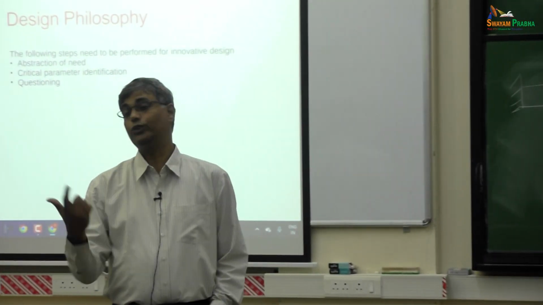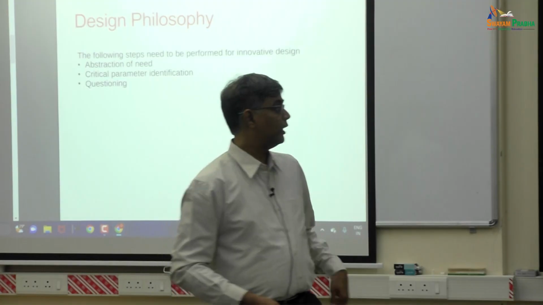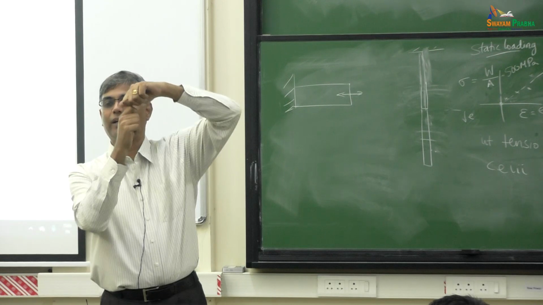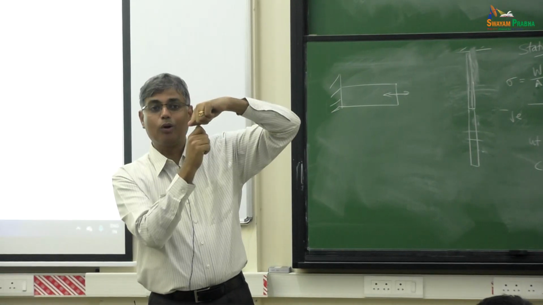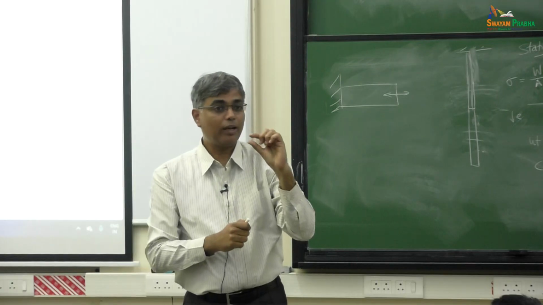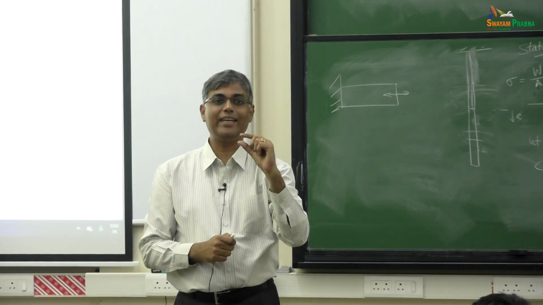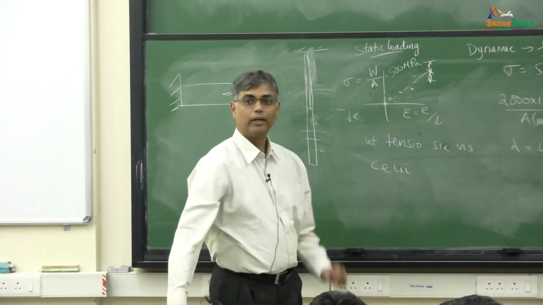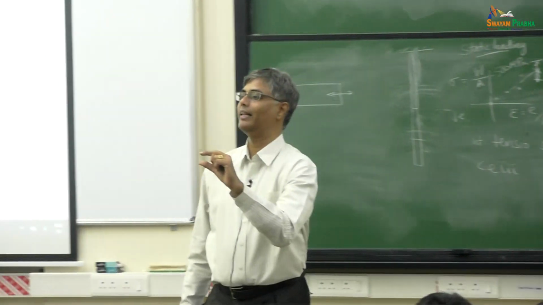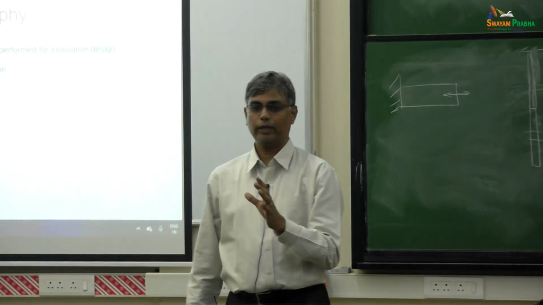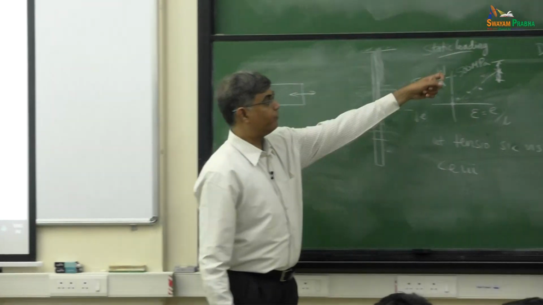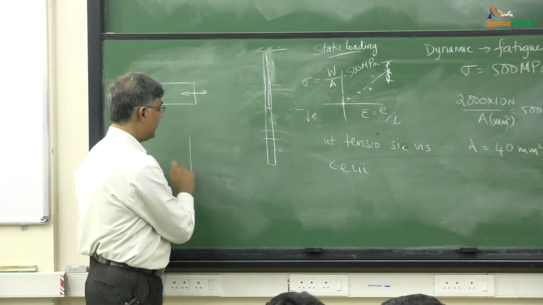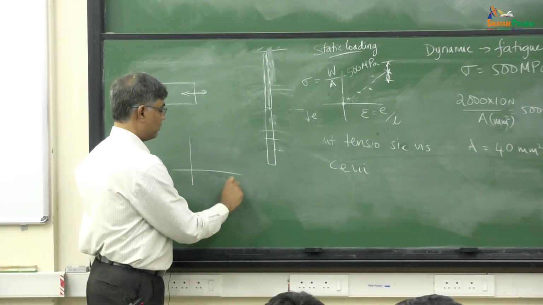Okay. Just to give you an idea, if I took this little piece of chalk and pulled it, and it broke, there will be a small variation in the load for failure. That variation will be about plus or minus 5 to 10%. But if I apply a dynamic or fatigue load, then we look at the number of cycles of such loading to failure.